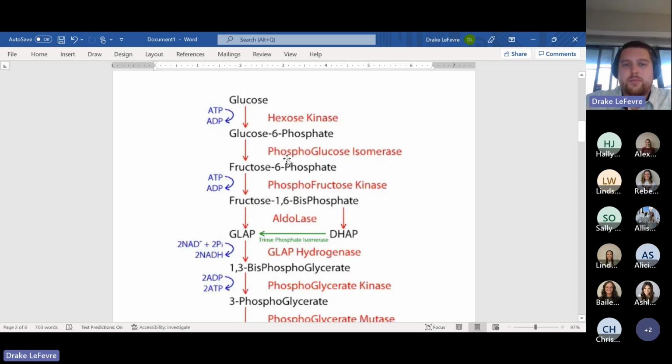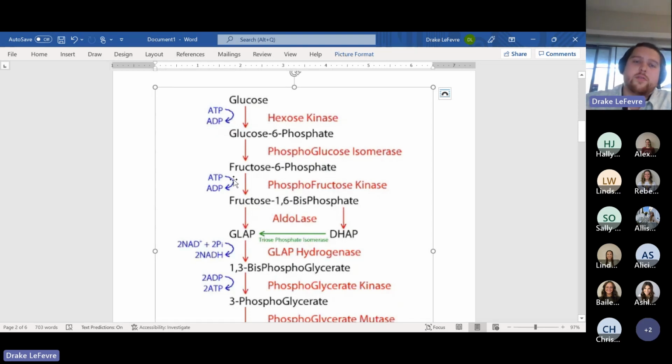And the number is just going to be on which carbon that phosphate is being transplanted. And those are going to be constant. So the hexose kinase is always going to put a phosphate on the number 6 carbon of glucose. And then the phosphofructokinase is always going to put a phosphate onto the first carbon of fructose 6-phosphate.